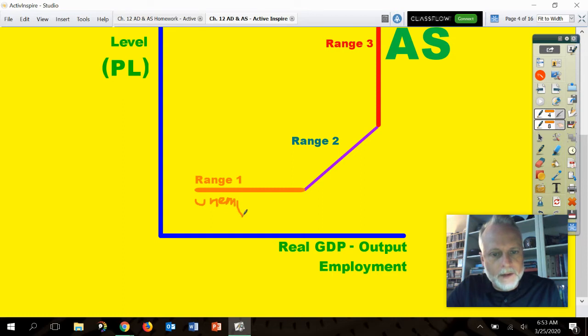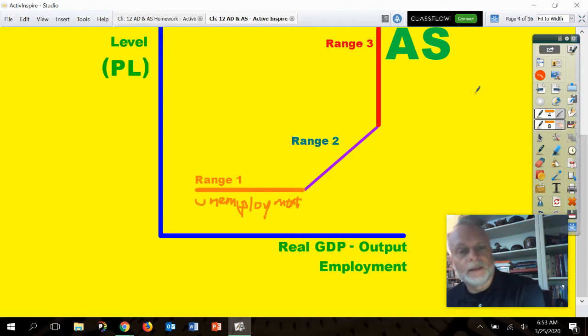Okay, this is harder to do than I thought. So if your diagonal downward sloping AD curve falls way down low, then you know that's going to be a message for a level of unemployment we would rather not see.